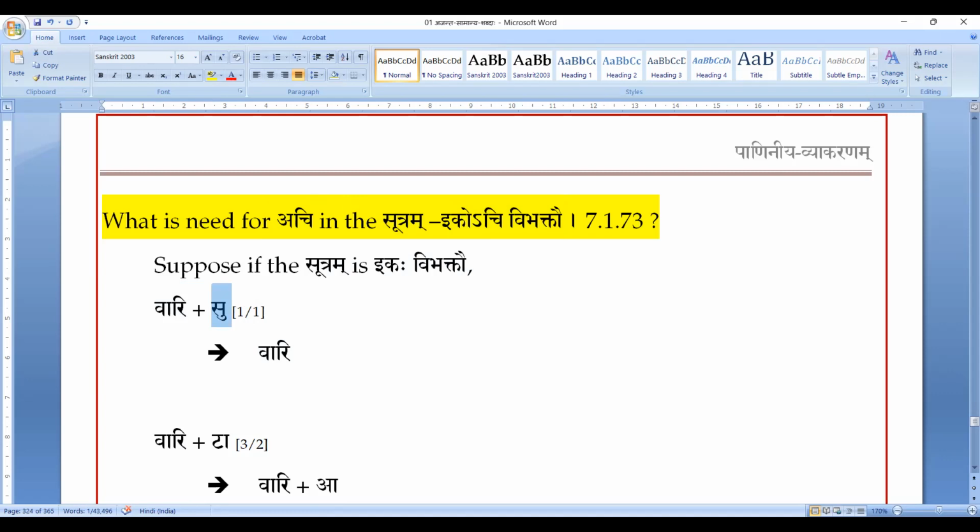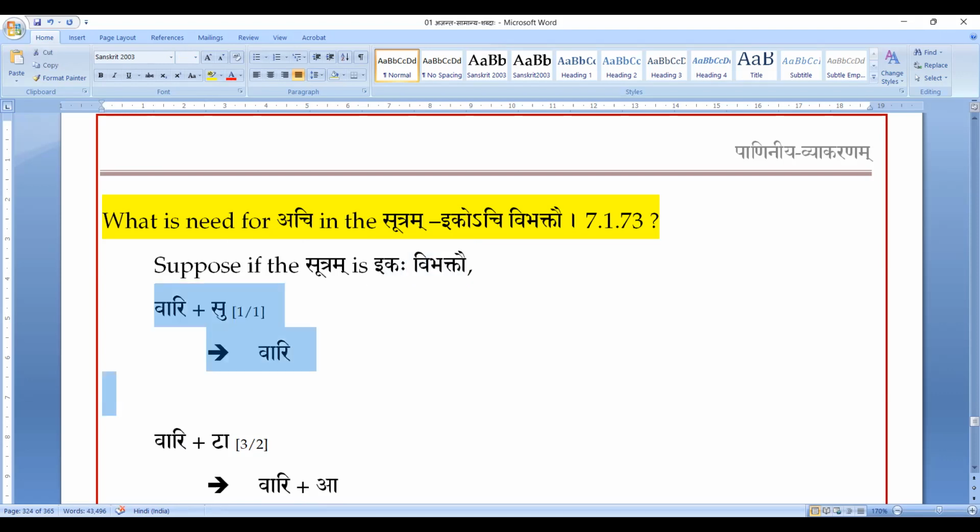That is just by applying the sutra as it is. Even if achi is not there, vari plus su, you get vari only, because su becomes look by su mana napumsakat look. When it becomes look, by na lumata angasya, ikaha vibhakto cannot be applied because this is an angakarya. Num is an angakarya, so num will not come anyway. So vari you get with the achi sutram or without achi, prathama vibhakti ekavachanam vari.